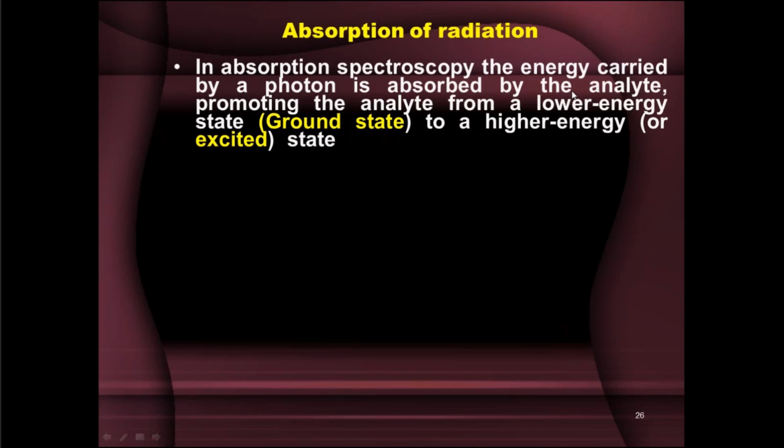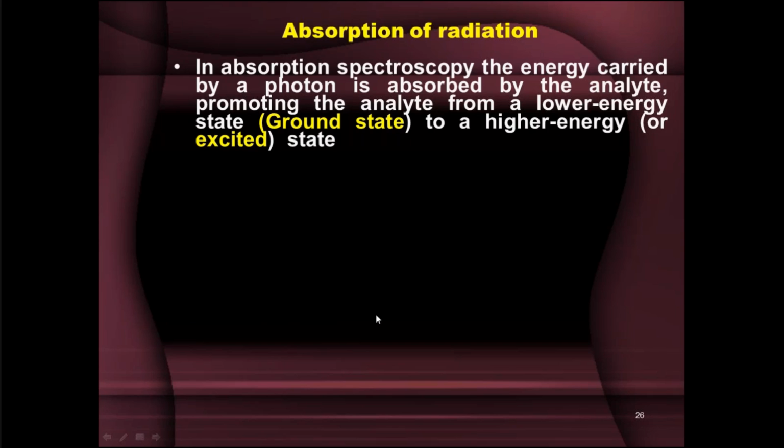In absorption spectroscopy, the energy carried by a photon is absorbed by the analyte, promoting the analyte from a lower energy state, the ground state, to a higher energy state, the excited state.